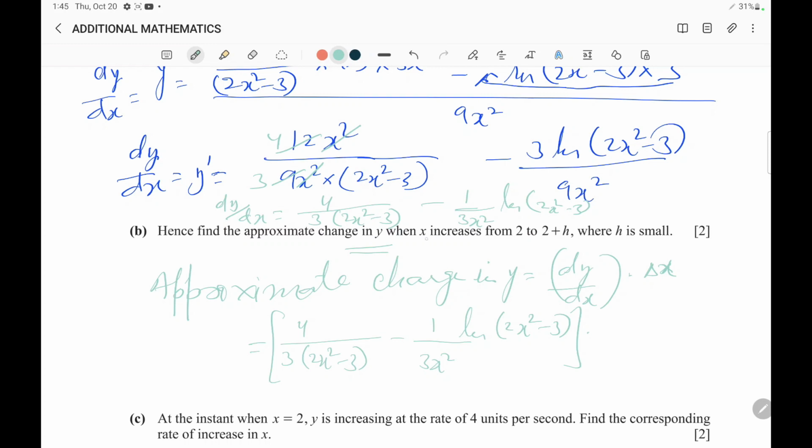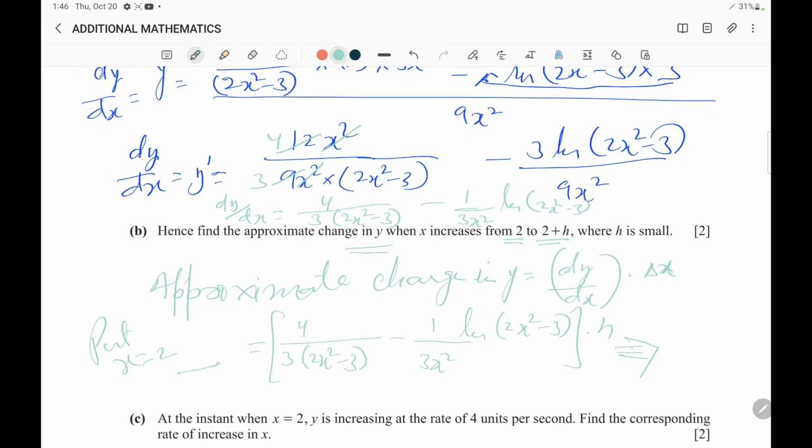Guys, initially x was 2 and it has reached 2 plus h. So what's the delta x? The gap of these two is only h, so it should be h, and we have to put x as 2. So now put x equals 2.